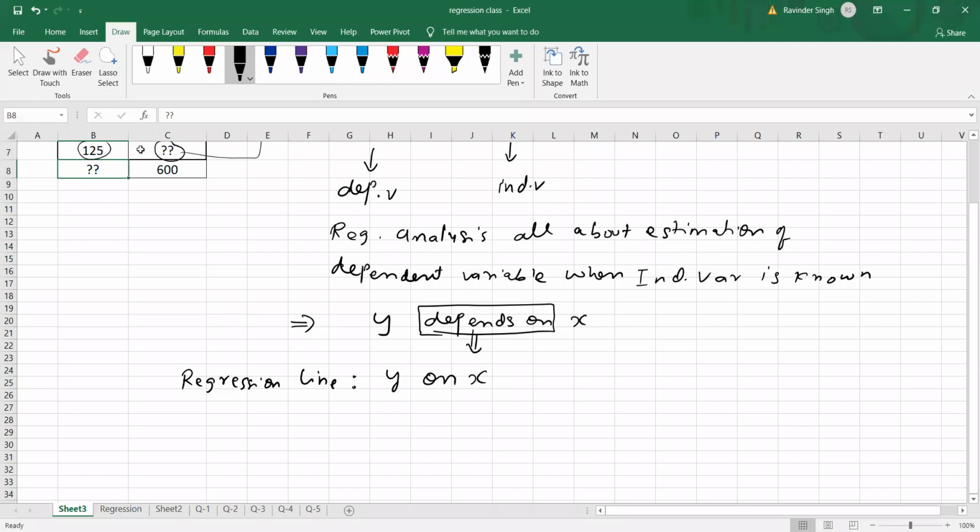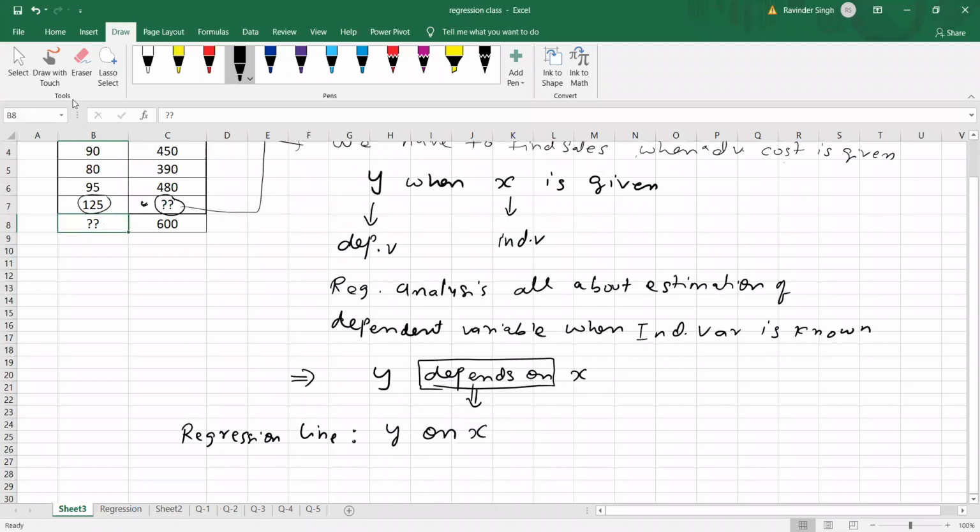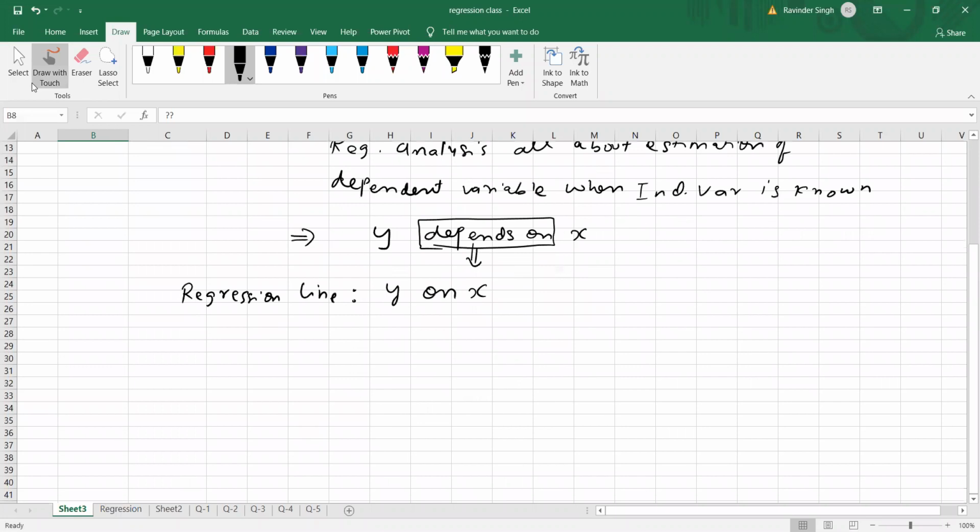Then we can predict this particular part. So now the question comes here: how to predict the regression line y on x?